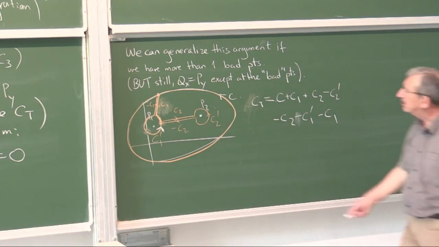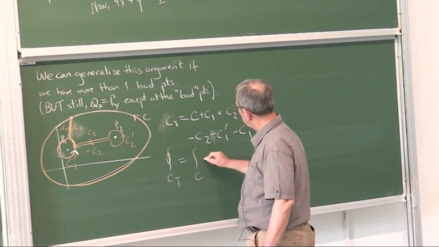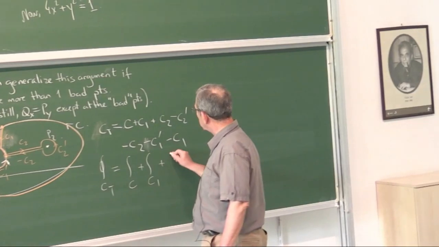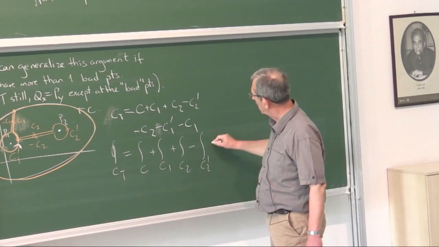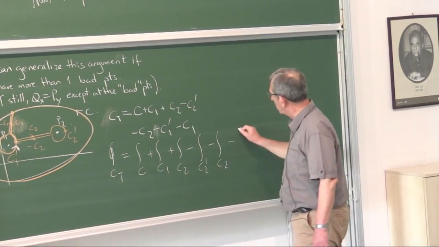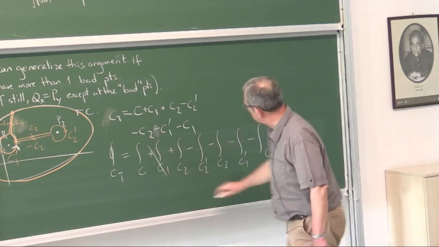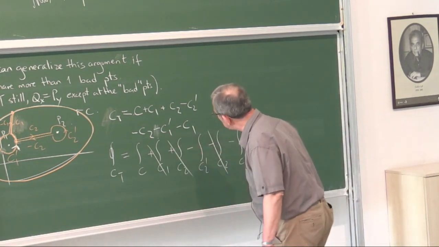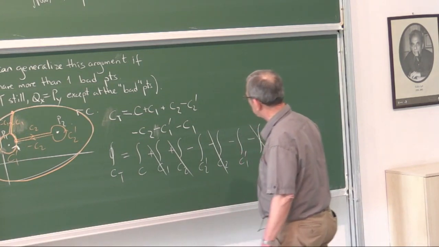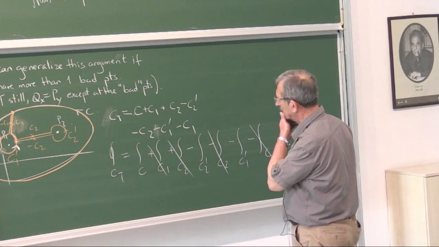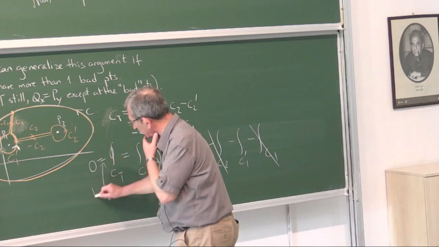Now, when you integrate, this, of course, says the following. Integral CT would be integral C plus integral C1 plus integral C2 minus integral C2 prime minus integral C2 minus integral C1 prime minus integral C1. Of course, C1s and C2s will cancel out. And this was 0, again by Green's theorem.